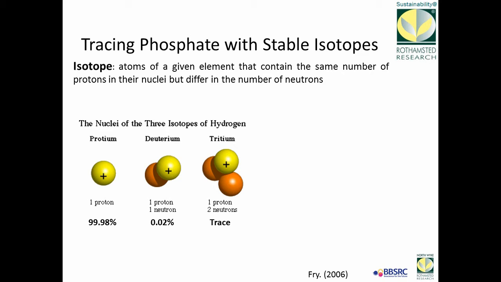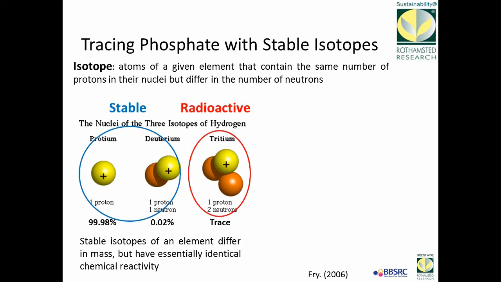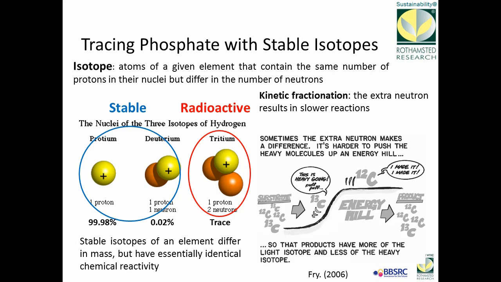If they had the same chemical reactivity, everything would be made up of the same ratio of the 2 isotopes. There is a variation which occurs, which we call a kinetic fractionation, which is because of that extra neutron. In effect, that isotope is a bit heavier, a bit lumpier, and it takes a bit more energy to push it through any chemical reaction. So though it reacts along the same pathways as the lighter isotope, it reacts slower.